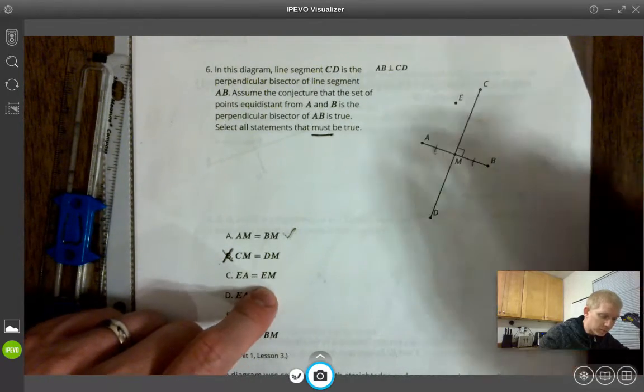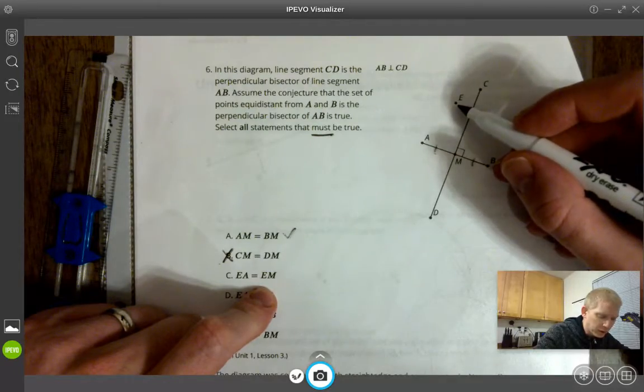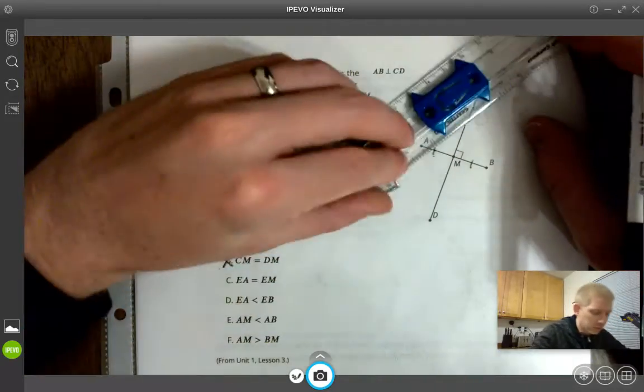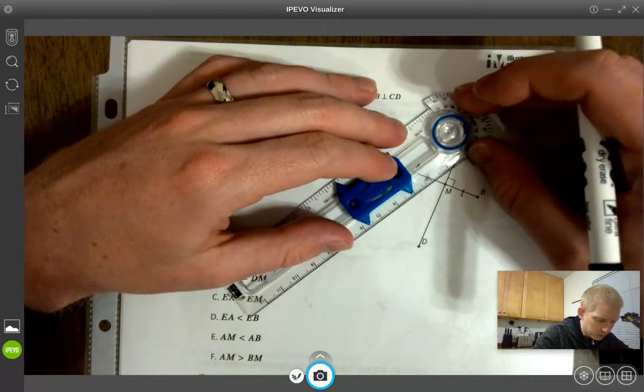EA equals EM. Well, I could just use my compass to compare these distances, right?